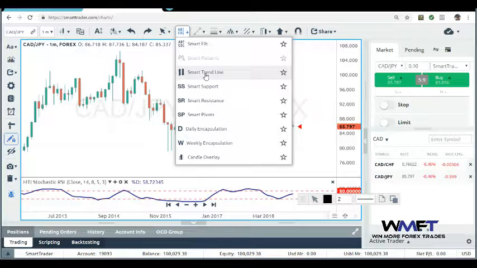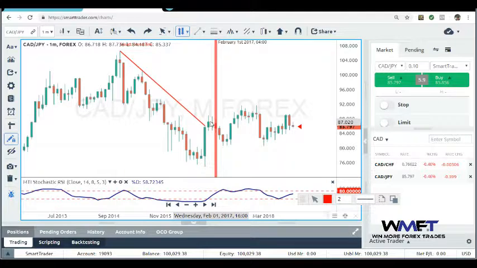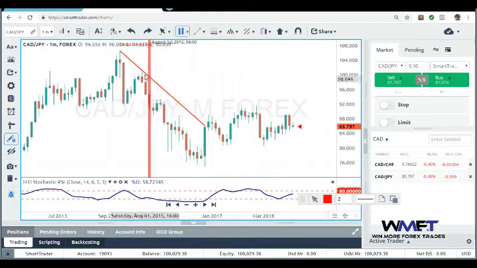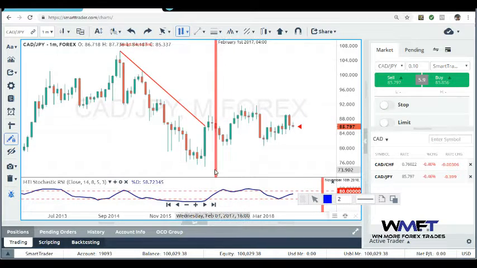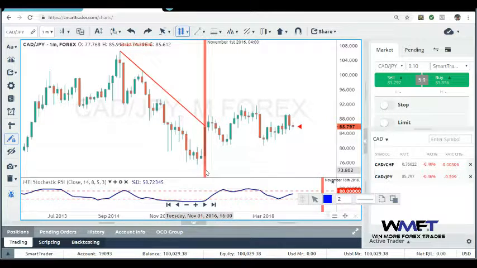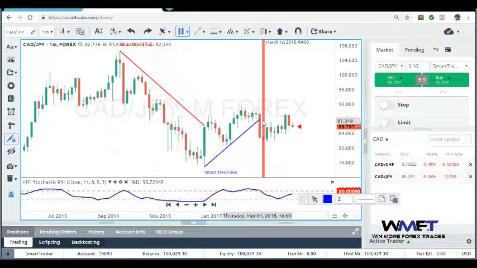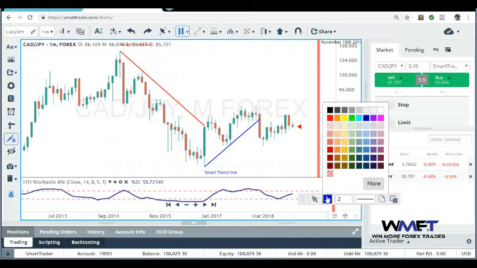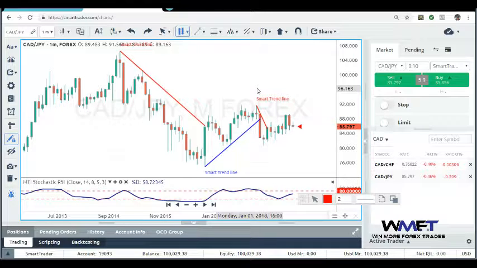So we're going to bring in smart trend lines, and as you can see right there, the market has broken that trend line, so we're going to bring in an uptrend line at the lowest point of this new uptrend. We can see that this trend line has been broken, so let's bring in another downtrend line at the highest point here.